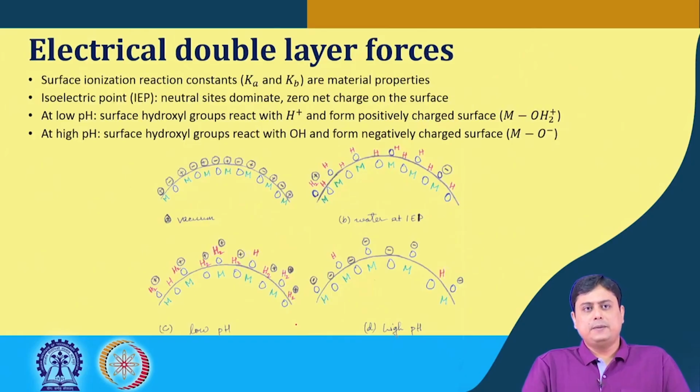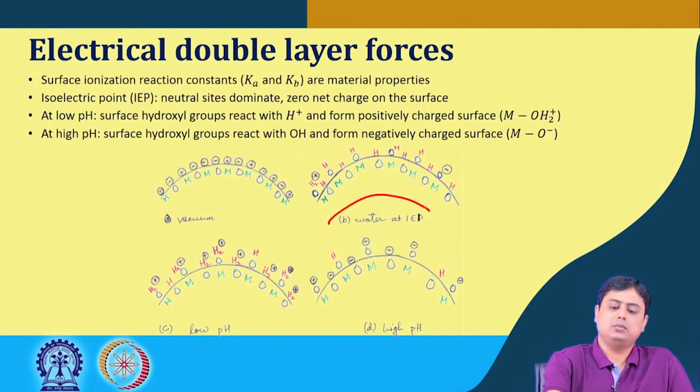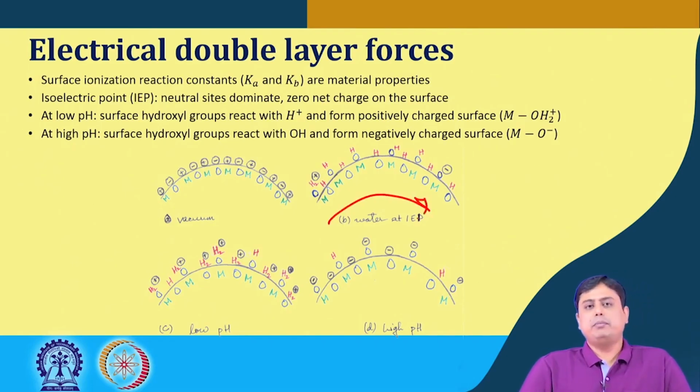So the point is, there is an isoelectric point, which is called IEP, where we have mostly neutral sites on the surface, that is zero net charge on the surface. Here we have mentioned that for water, considering pH as 7. But this is again material specific.